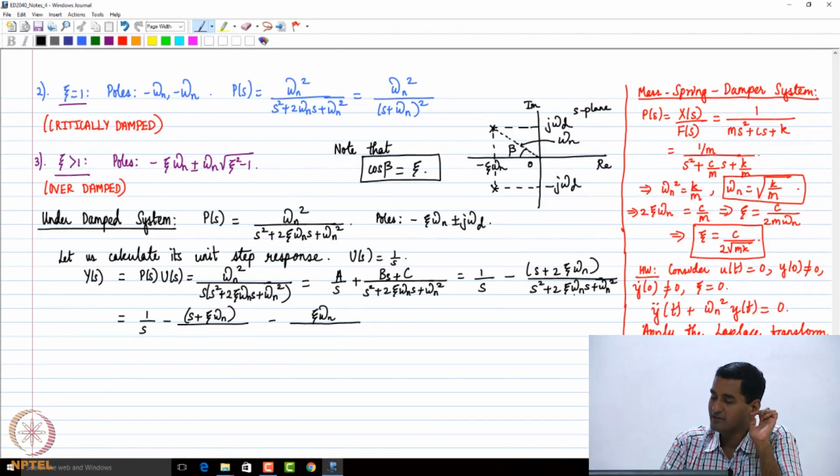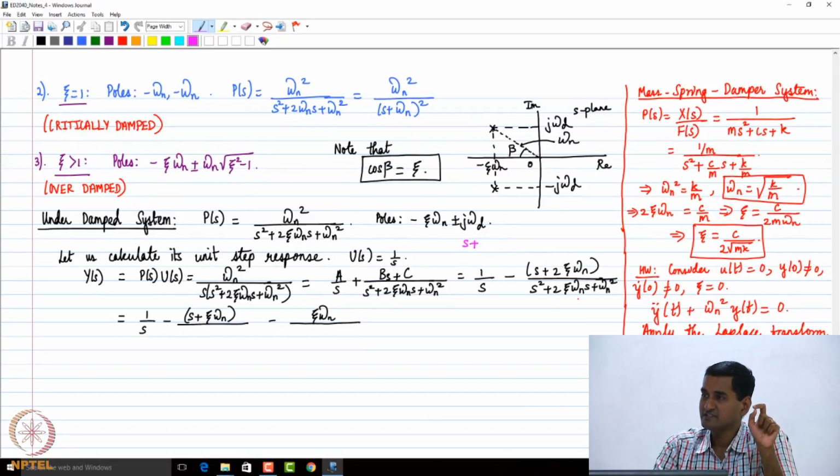Now in the denominator, how can I write this s squared plus 2 zeta omega n s plus omega n squared as a perfect square? What method did we learn? You first divide the coefficient of s by 2.